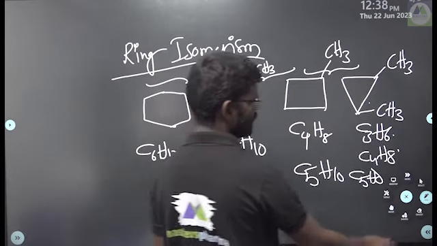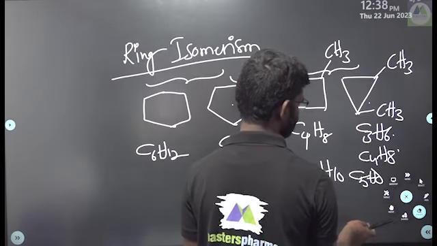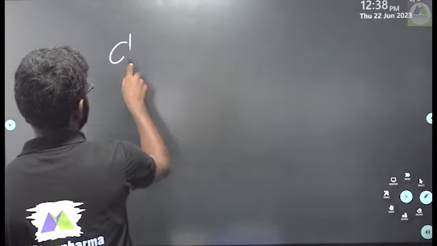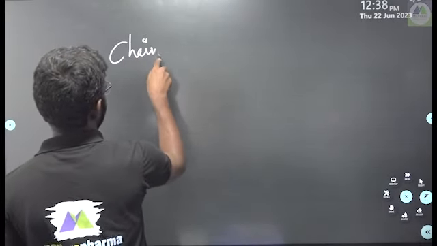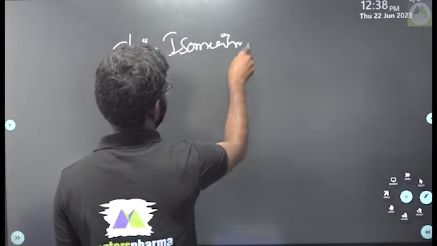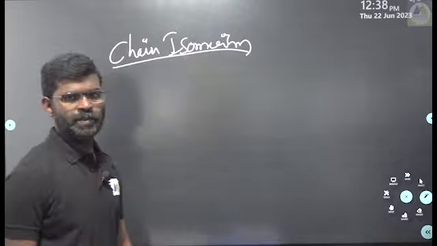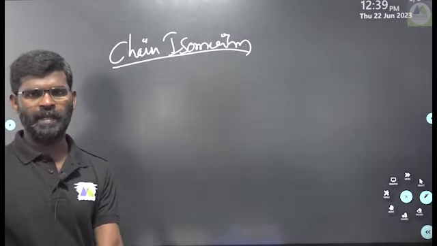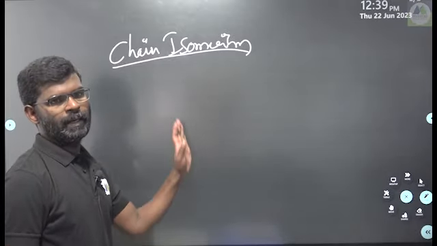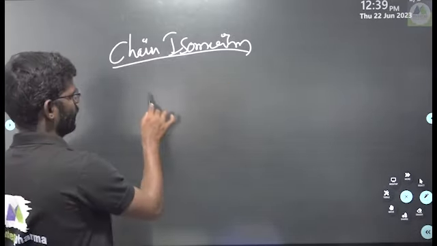Next, the last one is chain isomerism. Based on the name, the chain is different. For example, a molecule having the same molecular formula but a different chain length.